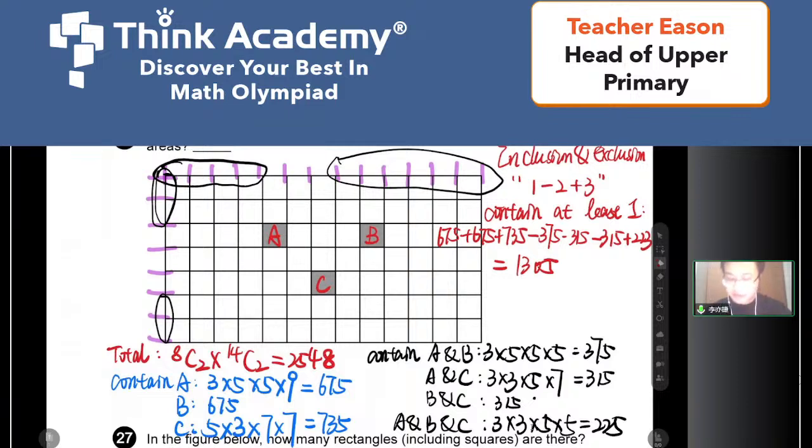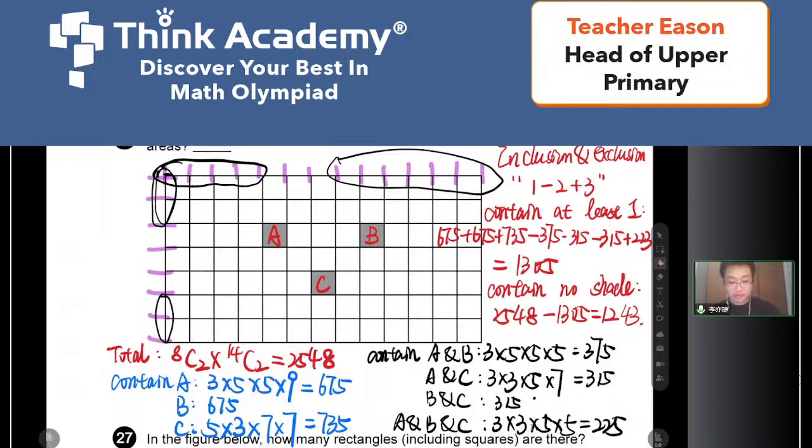Then, if you have those that contain at least 1 grid, then those that contain no grid or no shade would be the total 2548 minus this 1305. So the answer would be 1243. So this is the question. So we use inclusion and exclusion to help us solve the problem.